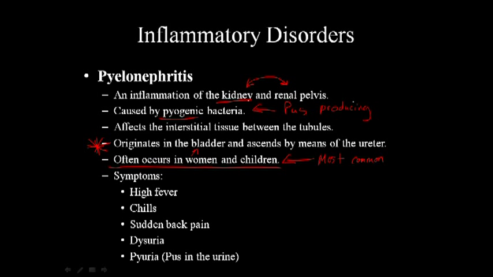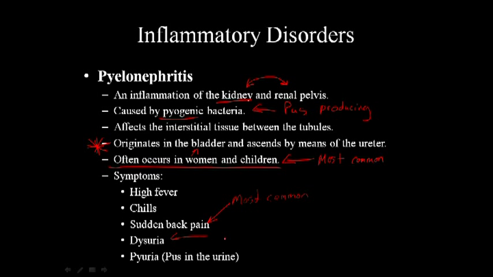The symptoms, we can see that we have high fever, chills, sudden back pain. A lot of times this is what gives it away. This is the most common symptom that people experience, a low back pain that they're not really familiar with. They don't have any history of injuring their back, and so typically they see that there's something going on. Also, dysuria.